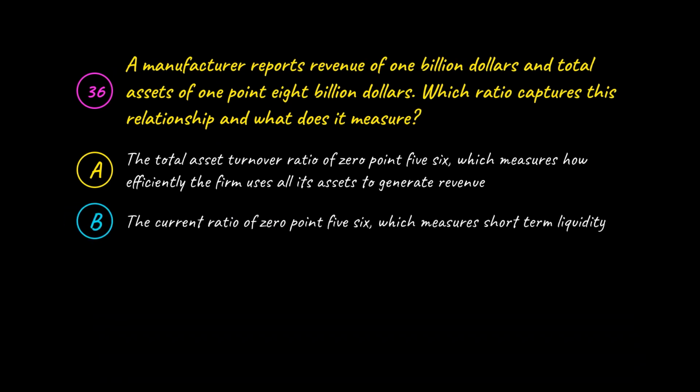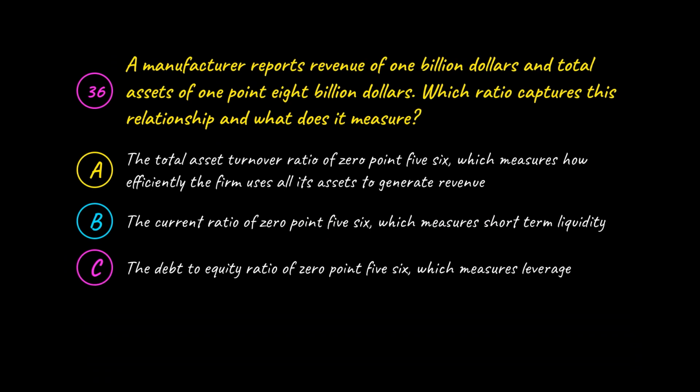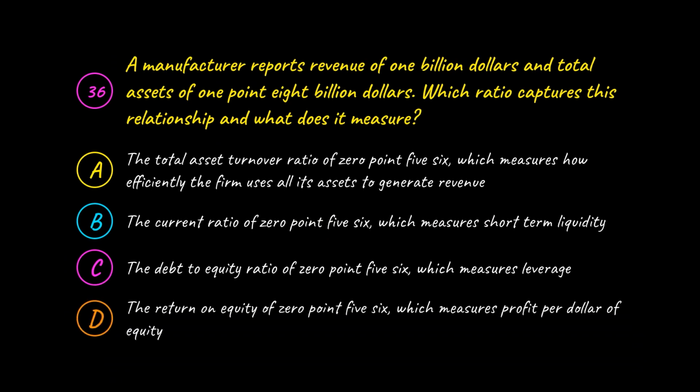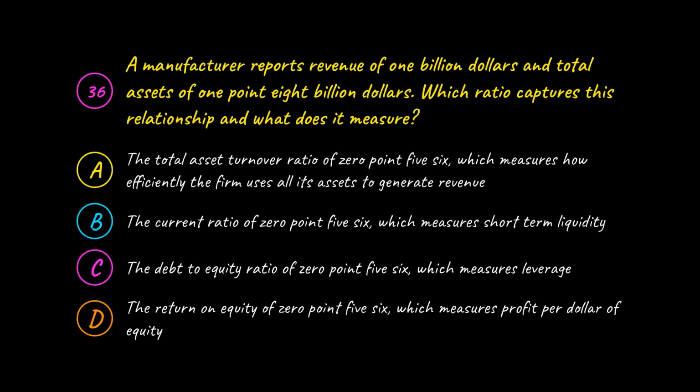B, the current ratio of 0.56, which measures short-term liquidity. C, the debt-to-equity ratio of 0.56, which measures leverage. D, the return on equity of 0.56, which measures profit per dollar of equity. What's your answer? Commit to one before I continue.